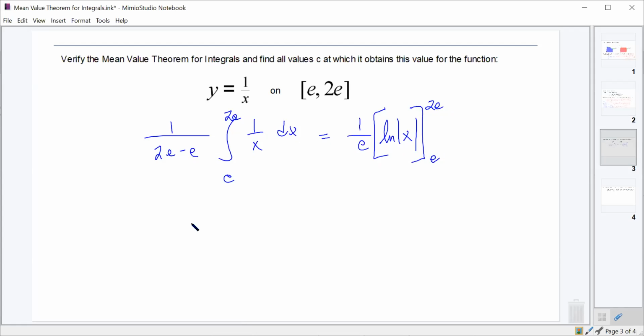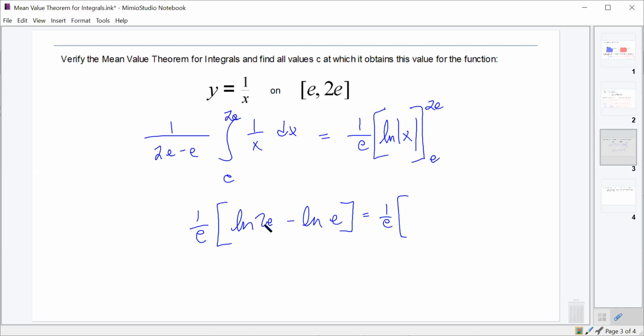And so what do we have? We have 1 over e times natural log 2e minus natural log e. And natural log of 2e, what is that if we evaluate that out? Like you could use log rules, right?